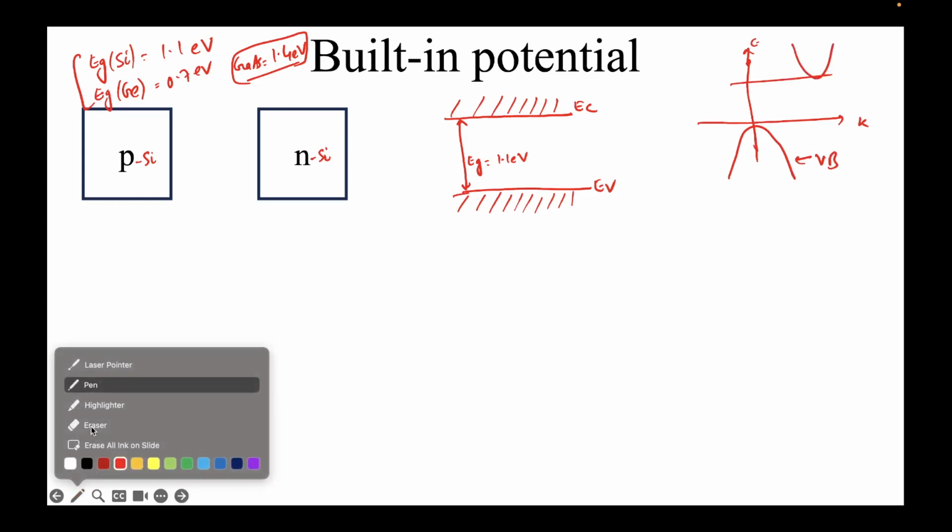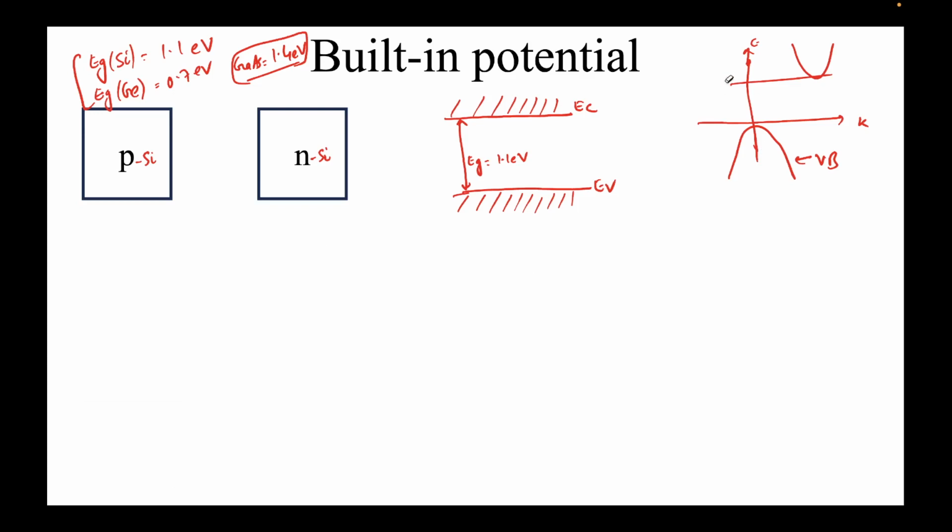Just hold on a second. So this is the conduction band, and this distance is Eg. The bottom of the conduction band to the top of the valence band is the Eg of silicon, say 1.1, which you told me. You can see there is a difference in the x dimension. This is the indirect band gap.